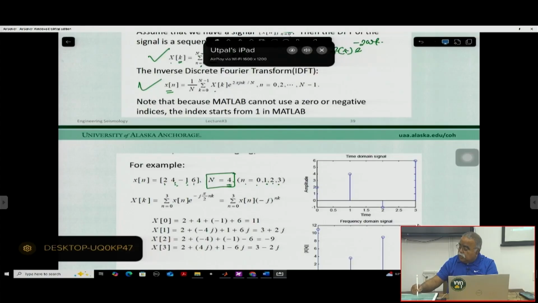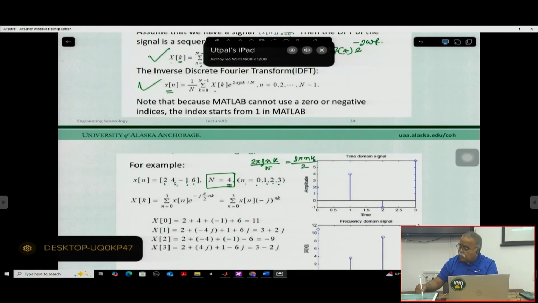So if you put 2 pi j into n into k divided by N, and N is equal to 4, this is your j pi by 2 into nk, right? So N equals 4 means it is j pi nk divided by 2.